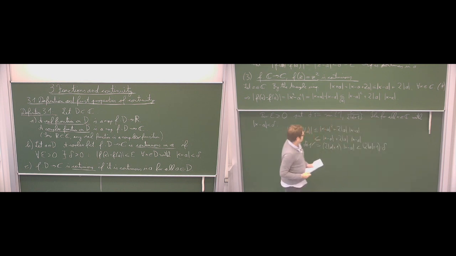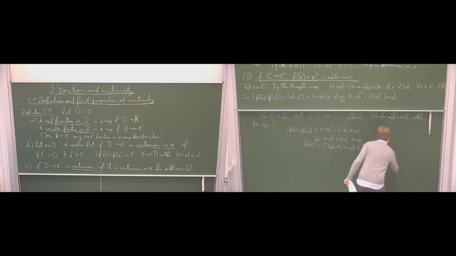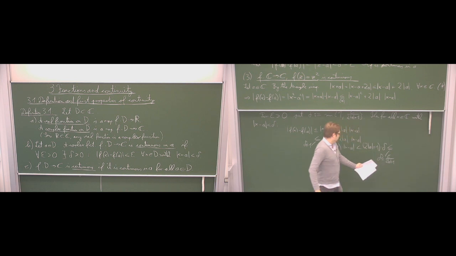And now, since delta is also by definition smaller than or equal to epsilon divided by 2 times the absolute value of a plus 1, if we just put this in there, we see that this multiplies out the denominator, so this is smaller than or equal to epsilon.